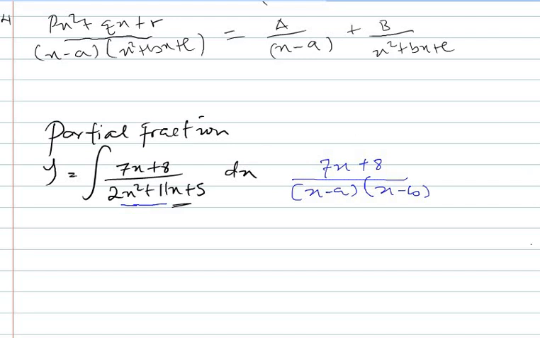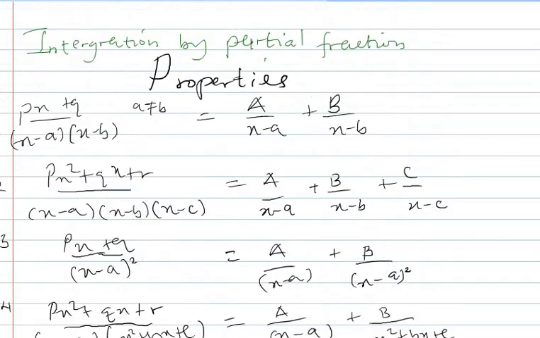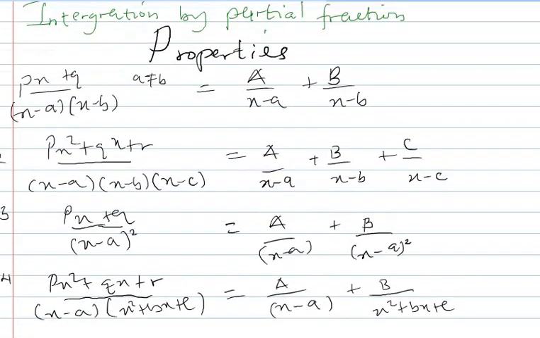So let's look at the partial fraction properties. If you have a linear expression at the top, we have px plus q all over x minus a, x minus b.